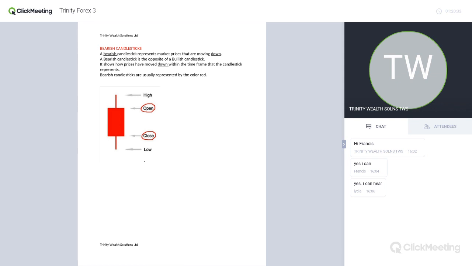It shows how prices have moved down within the time frame that the candlestick represents. Bearish candlesticks are usually represented by the color red, but not always. You decide what you want. There's an adoption of these particular colors, but you're free to choose the colors your eyes like to see, to read whether it's bullish or bearish.